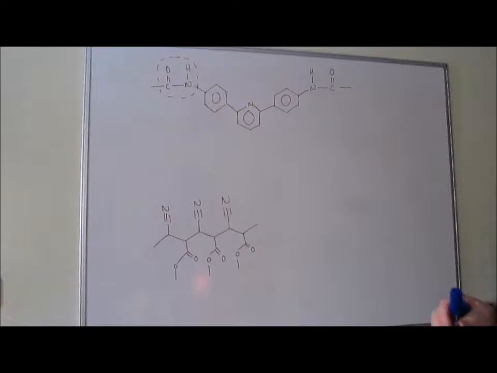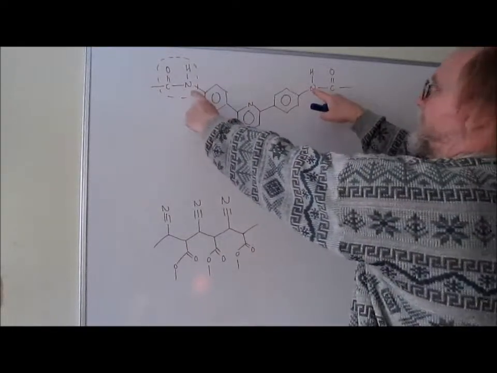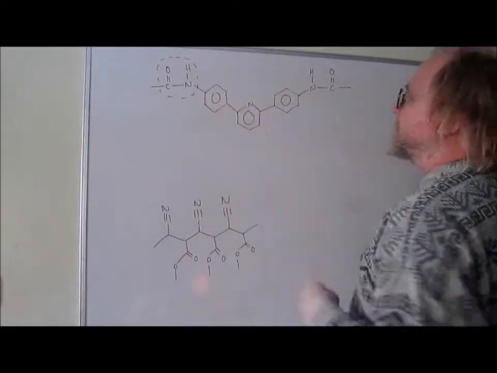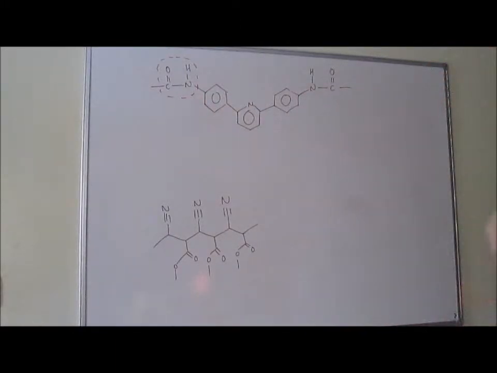And you can see it's one of those where you have a pair of NHs separated just by a carbon chain. And therefore it's one of those formed from two different monomers.